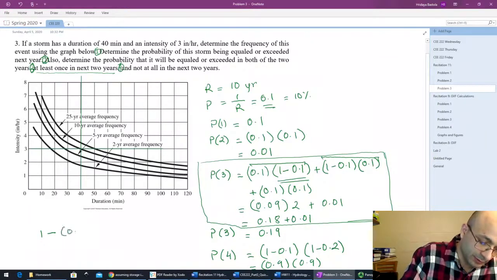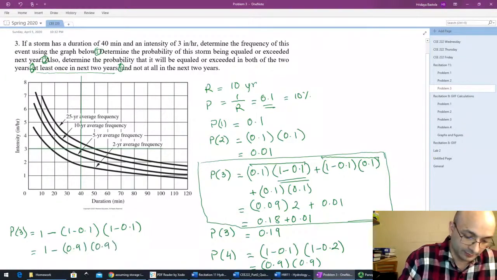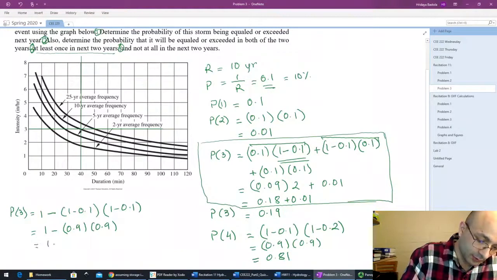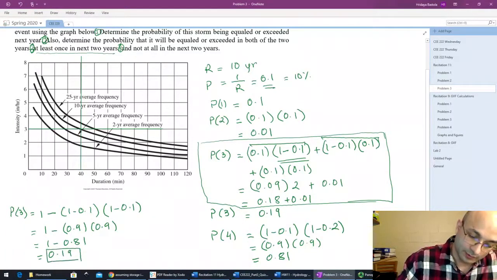So not occurring in the first year, 1 minus 0.1, and 1 minus 0.1. So this gives us P3, 1 minus 0.9 times 0.9, equals 1 minus 0.81, equals 0.19. So either way, you can get the answer.